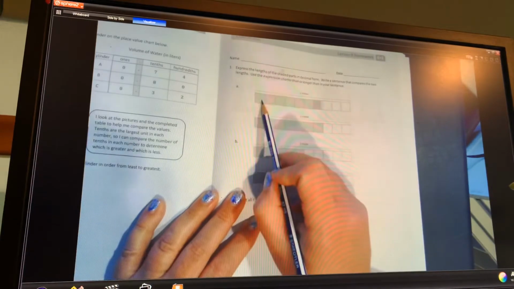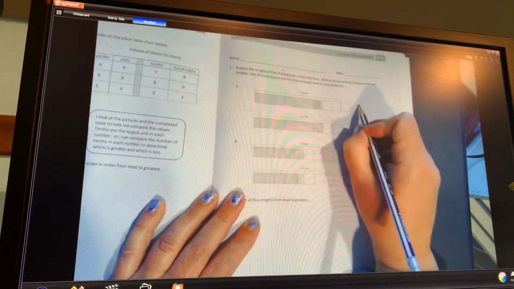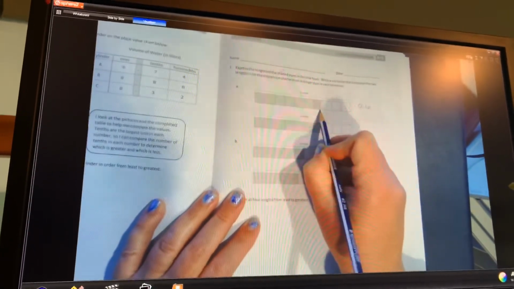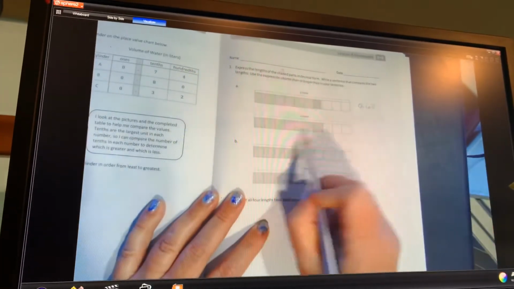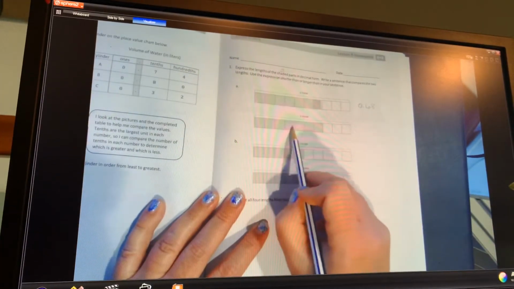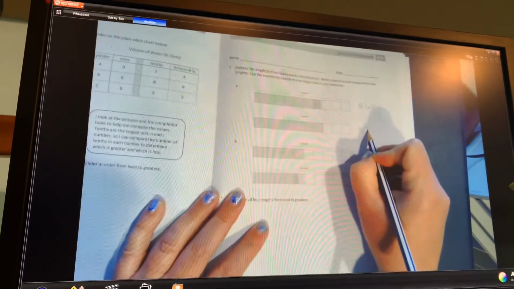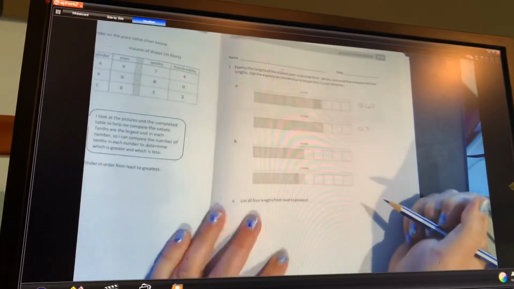So if we look, we've got 1, 2, 3, 4, 5, 6. So I know we've got a 6 in the tenths place, and then it looks like we've got 8 in the hundredths place. Over here we have 1, 2, 3, 4, 5, 6, 7. So we have 7 tenths, and there are no hundredths.